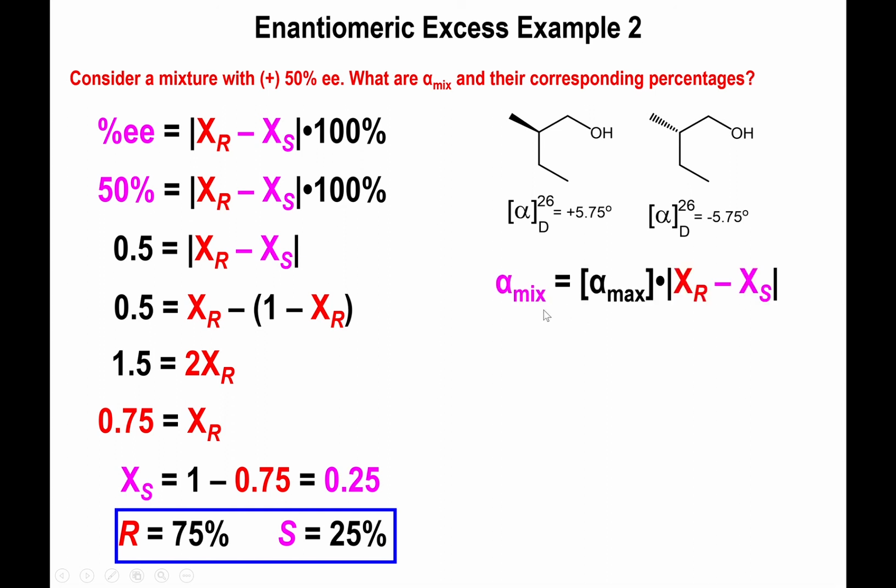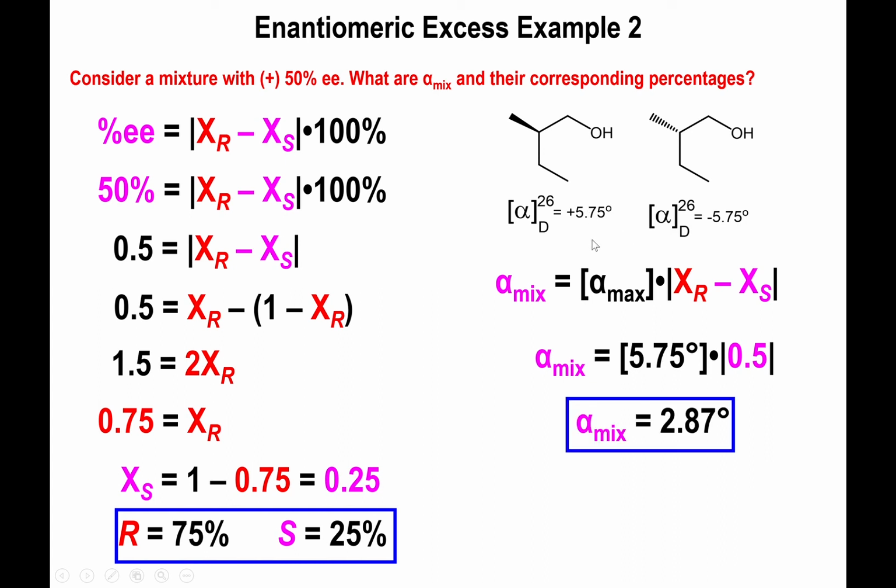So this kind of depends on what the observed rotation for the mixture is. If it happens to be positive, as you'll see in this case, then the mixture is definitely what we have right here, right? So R is going to be the one in greater amount, S is going to be the one in lesser amount. We have 0.5 for the subtraction, multiply by the rotation of the R isomer, and you get yourself the rotation of the mixture.